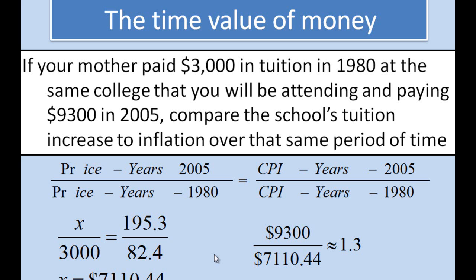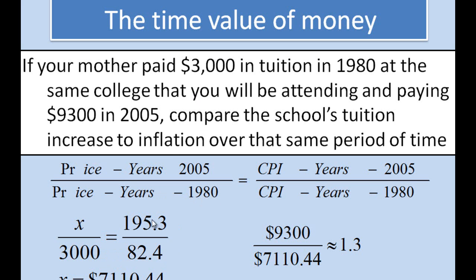This is the formula. The information given is, look, we can find in the book the table of the CPI. The CPI in 2005 is 195.3, and the CPI in 1980 is 82.4, and the tuition given in 1980 is 3,000.